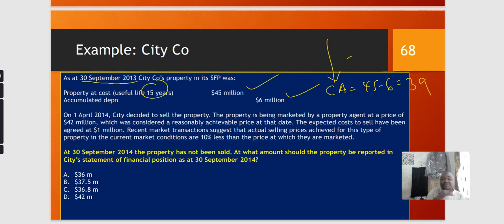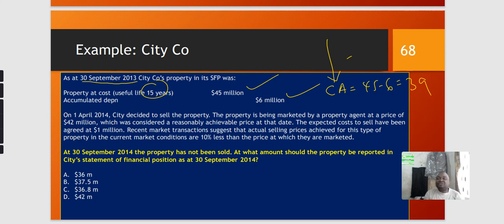So if you are being told that this asset has been accounted for under IAS 16, why? Because we are being told this asset has a depreciable life of 15 years and there is accumulated depreciation that has already been deducted. So obviously you can see that this asset is being accounted for under IAS 16.